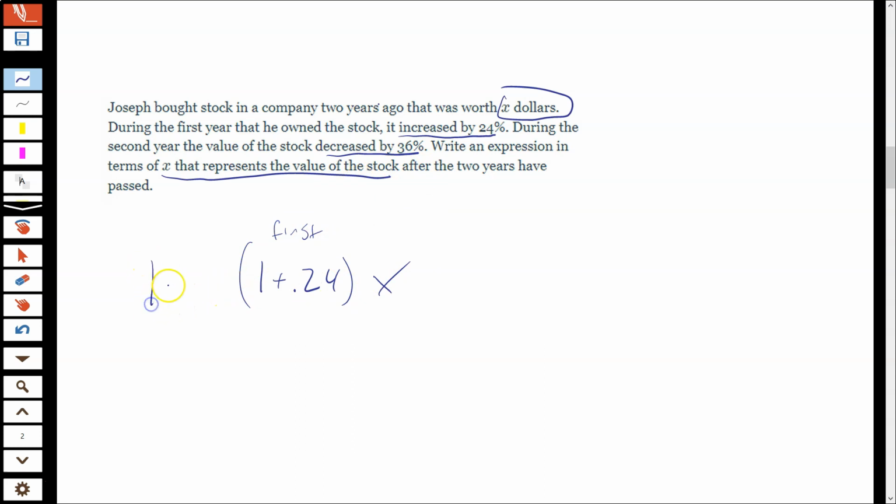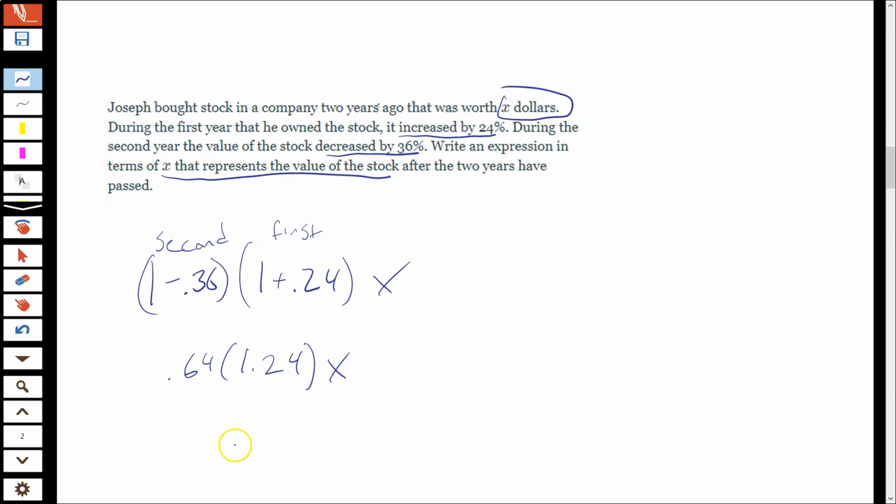So we're about to find out whether our guy lost money or made money here. So here's my second year. And then just like the last one, we're going to simplify and combine. So I get 0.64 times 1.24 x.